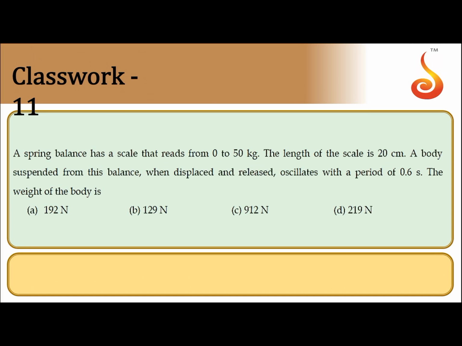A spring balance has a scale that reads from 0 to 50 kg. Length of the scale is 20 centimeter. A body suspended from this balance and displaced and released oscillates with a period of 0.6 seconds. The weight of the body is. So what they have given, length of the scale is 20 centimeter and the range of the scale is 0 to 50 kg.